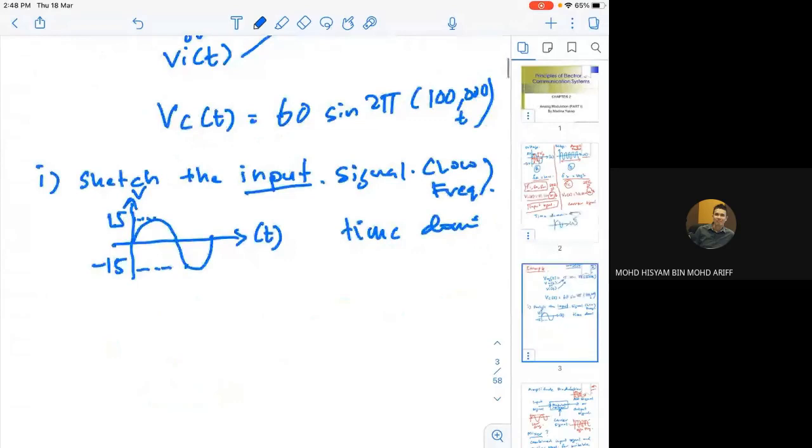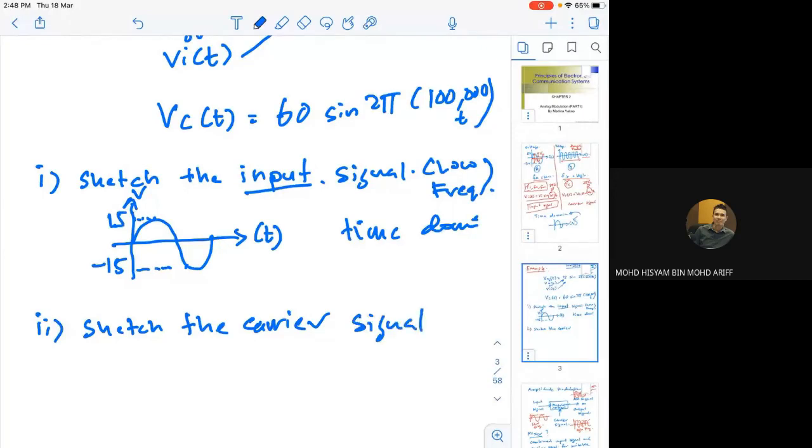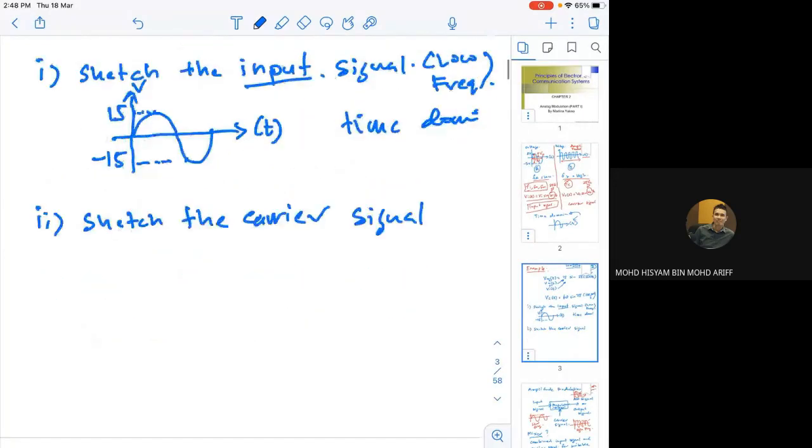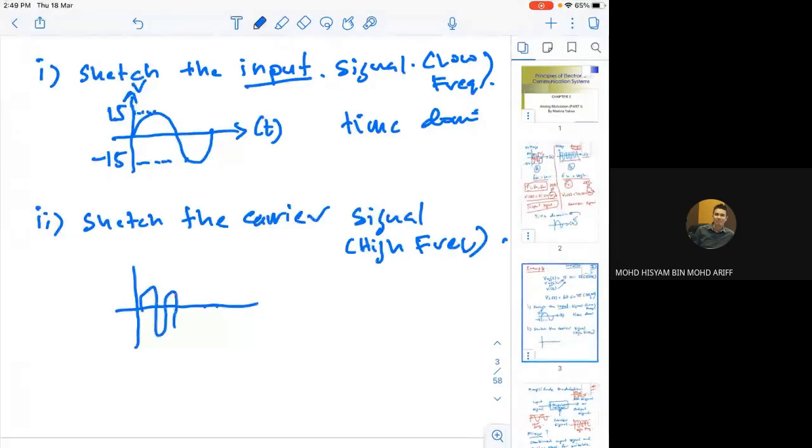Okay, second question: sketch the carrier signal. Similar, but since the carrier signal uses high frequency, the signal will be like this.